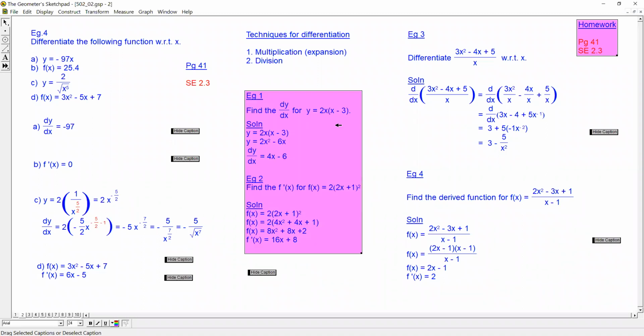Then 3C, you have to divide one by one like that. But the bottom one is not x, it's square root x. I don't know your knowledge of indices. You need to make use of your knowledge of indices. You have to simplify until you have one term with the index in fraction form, and you differentiate. Quite difficult, right?